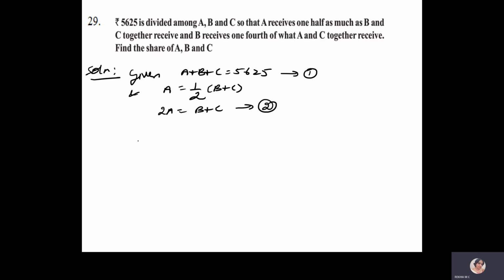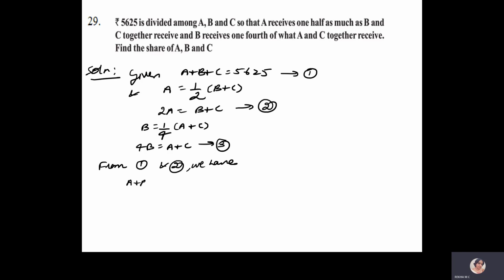So then B is equal to 1/4 of A plus C. So 4B is equal to A plus C. Let me call this as 3. So from 1 and 2, we have A plus B plus C is equal to 5625.